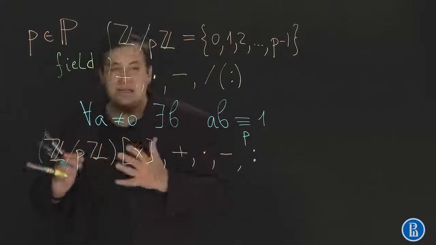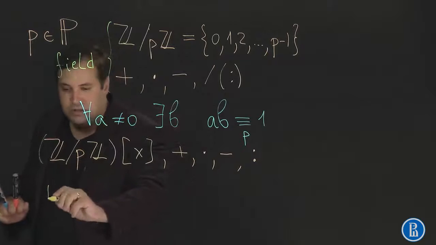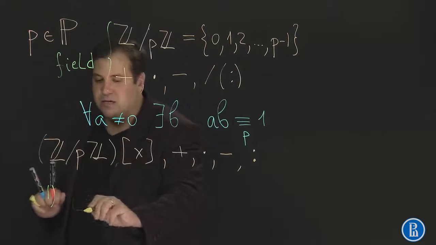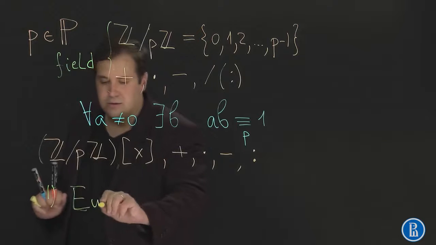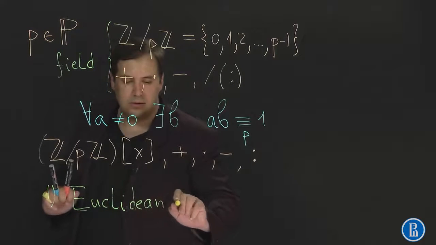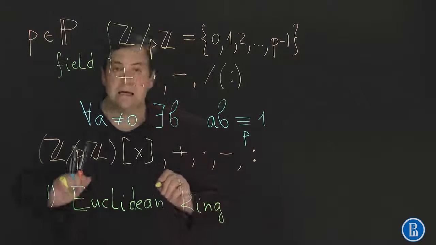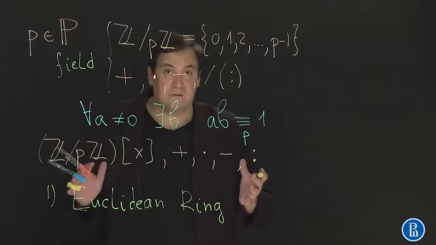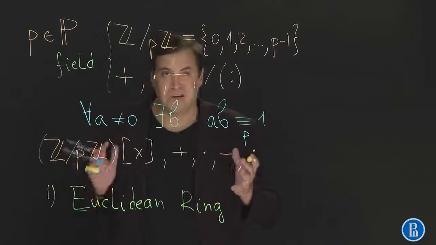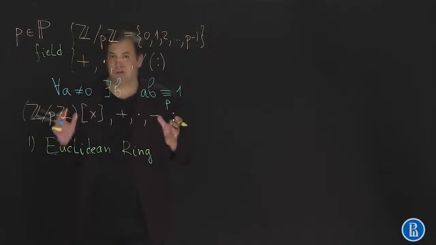So what are these well-known properties? Of course, this set of polynomials is a Euclidean ring. So we have the property of unique prime factorization, where a prime polynomial is an irreducible polynomial.